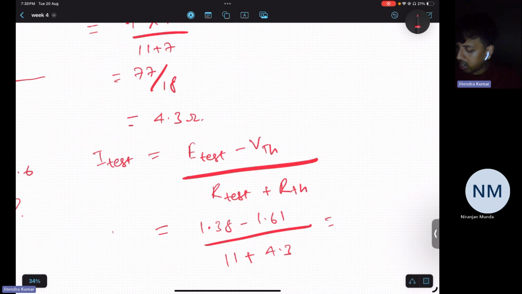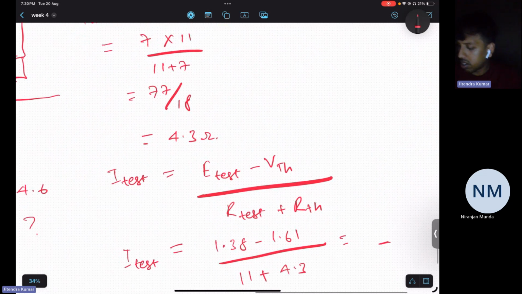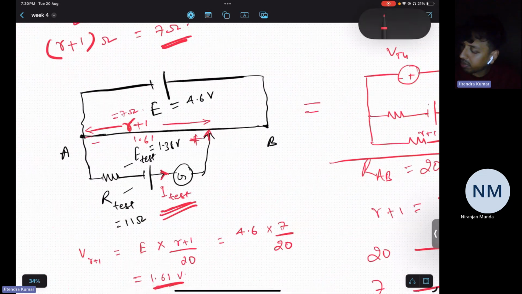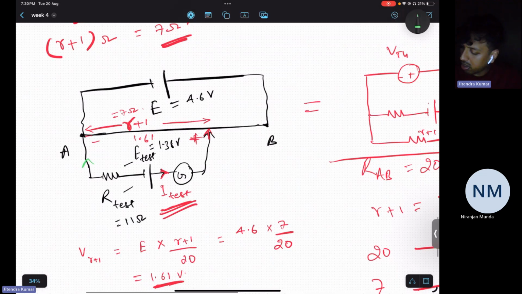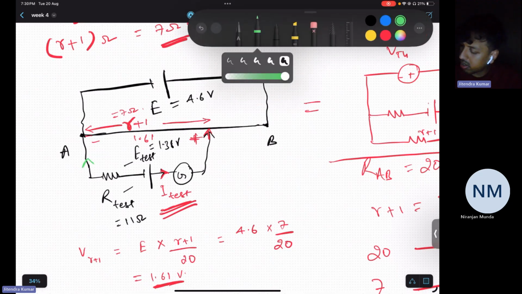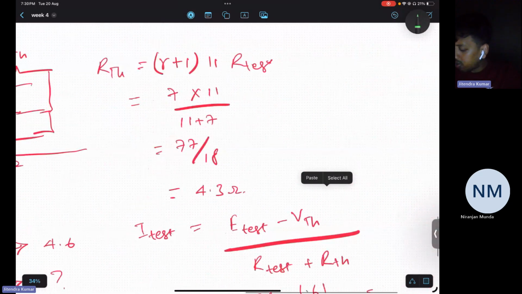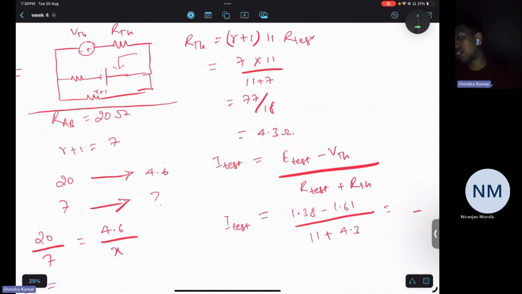So if you calculate, you will get the value of the test cell current. So how much is it? It will come out to be negative. That means for sure the current will flow in the opposite direction. Current will flow in this direction. Okay. So please calculate this value for me: 1.38 minus 1.61, divided by 11 plus 4.3.